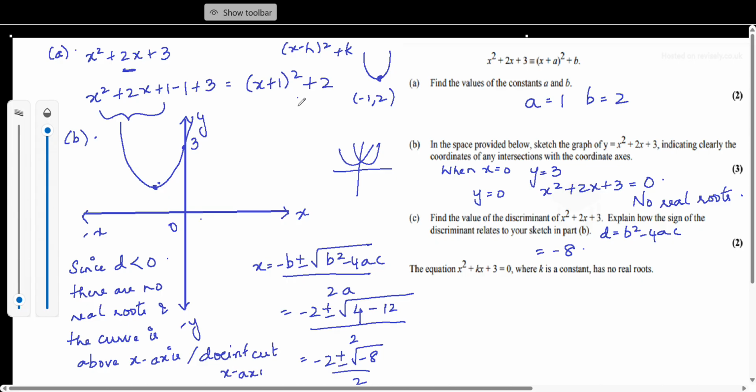One of these two is definitely expected in the marking scheme for you to get a mark. So that completes C.